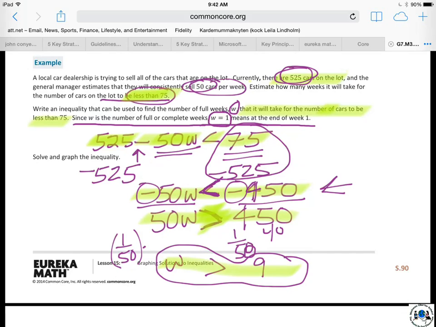So you see what I did here. I multiplied by 1 over 50 on both sides, got my W, and my final solution is W is greater than 9. So the number of weeks is greater than 9.